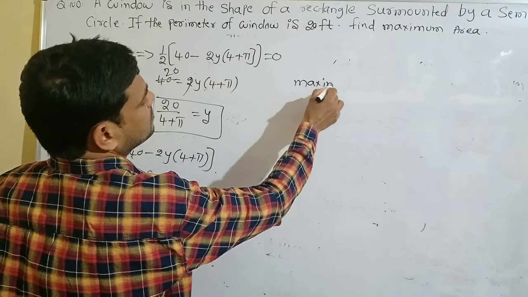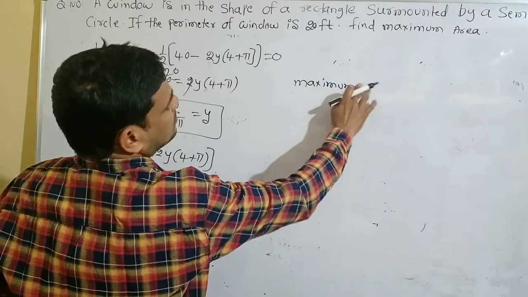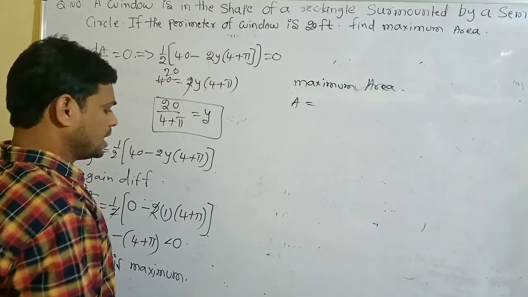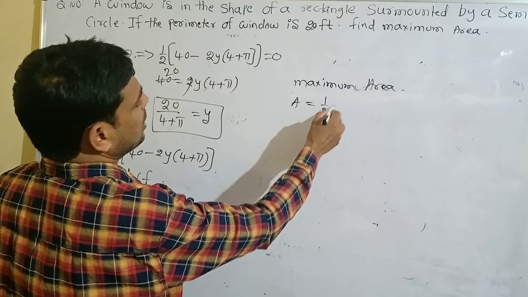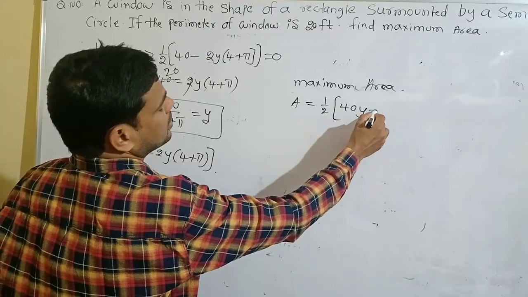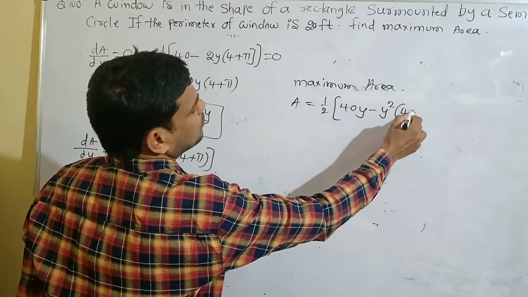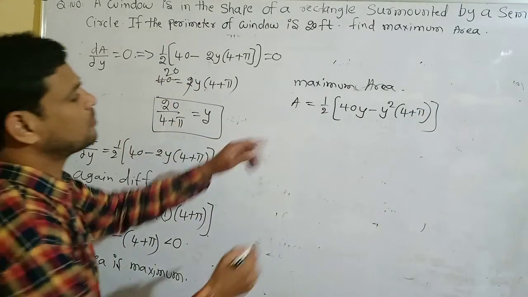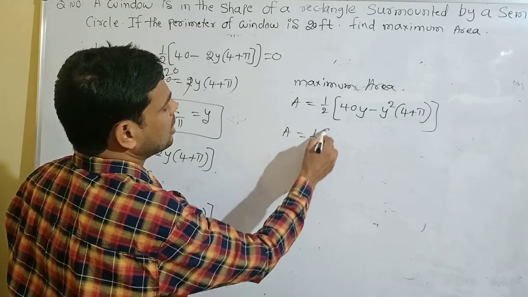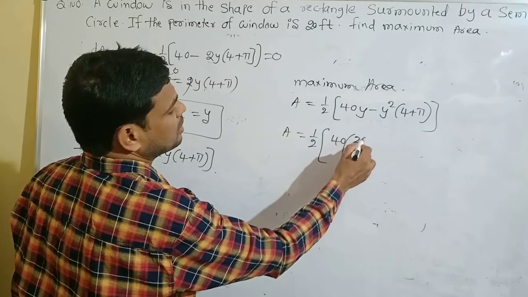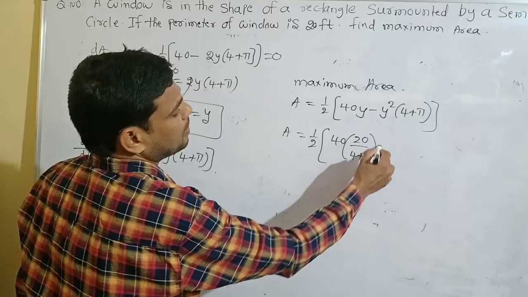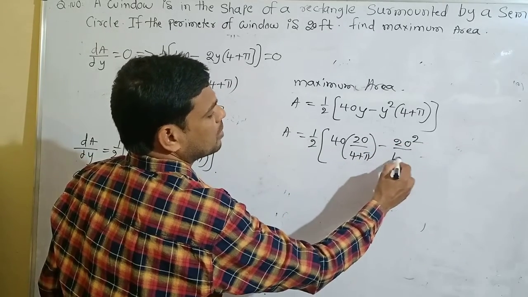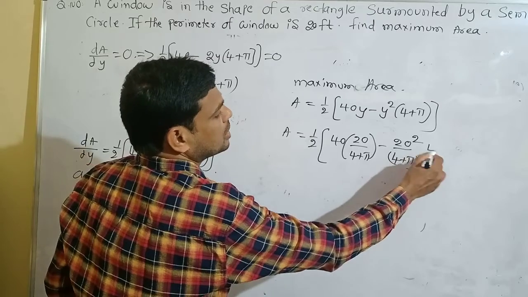Now the maximum area is what? A equal to 1 by 2 of 40y minus y square (4 plus pi). Here substitute the y value, y equal to 20 by (4 plus pi). A equal to 1 by 2 of 40 into 20 by (4 plus pi) minus 20 square by (4 plus pi) whole square into (4 plus pi).